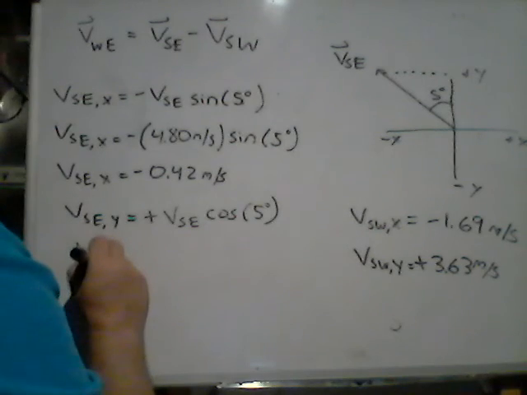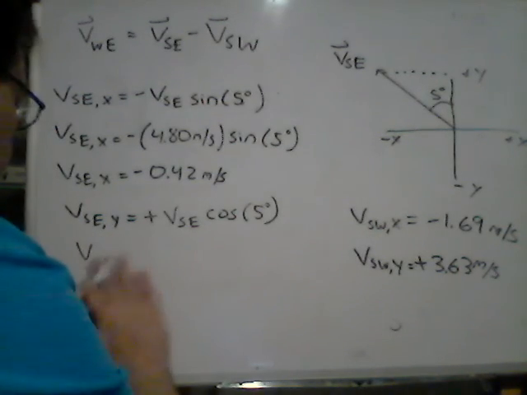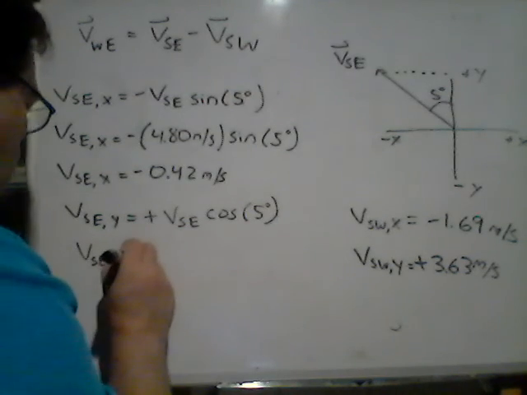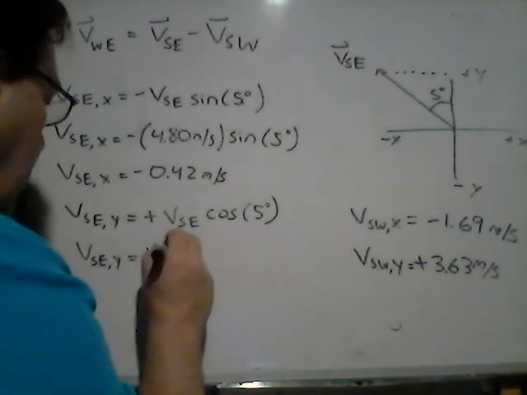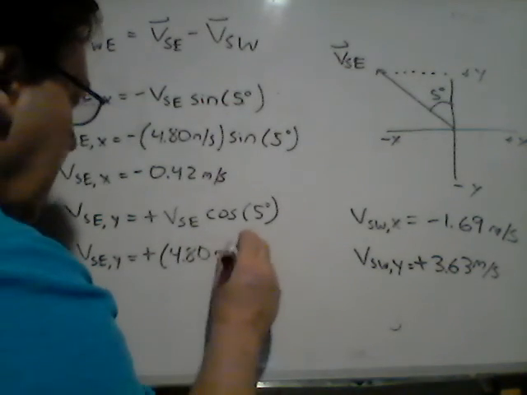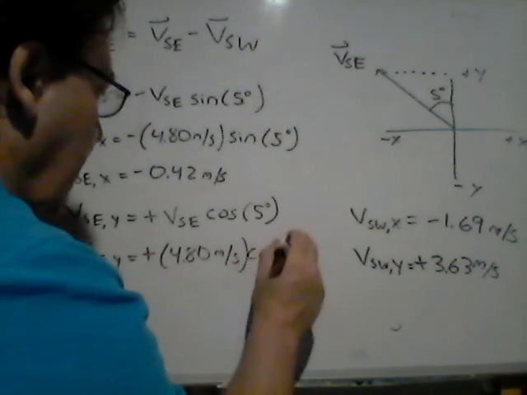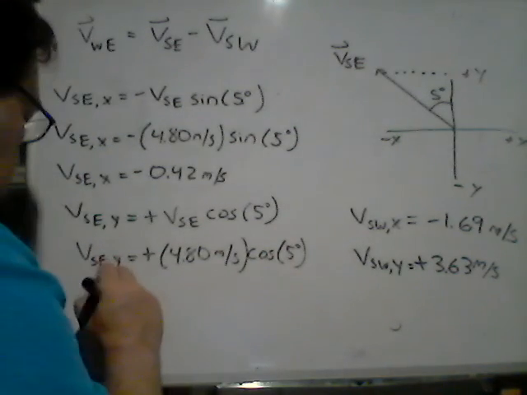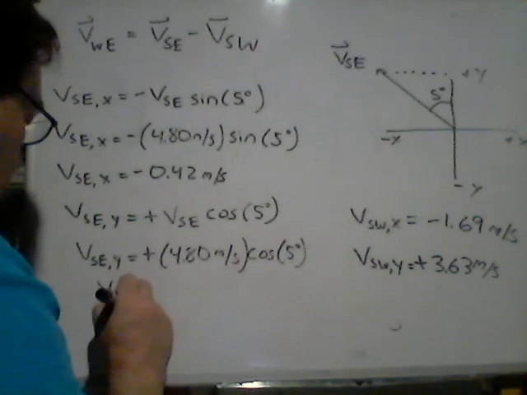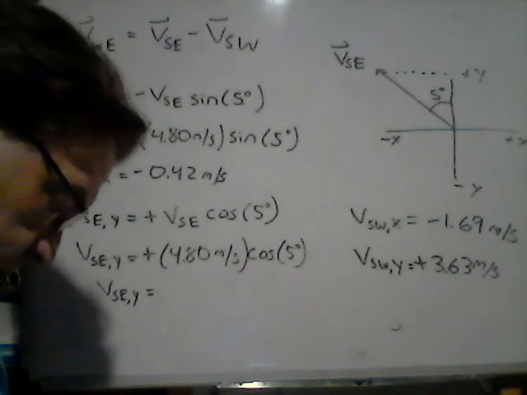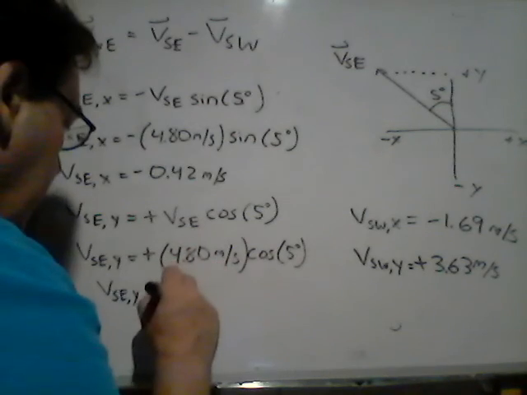So V sub SE sub Y is going to be positive 4.80 meters per second times the cosine of 5 degrees. V sub SE sub Y will then be positive 4.78 meters per second.